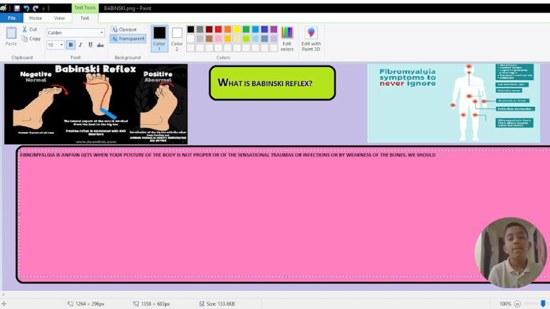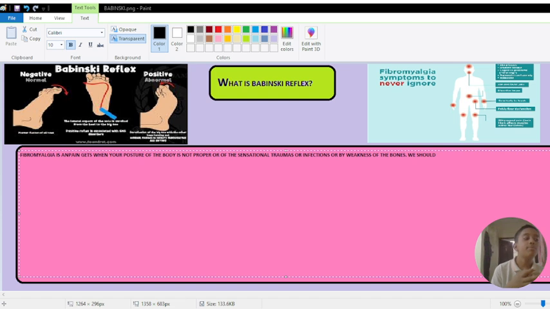Babinski reflex helps us find the status of our central nervous system, and it is good to get the Babinski reflex done by a neurosurgeon healthcare provider. First they will determine whether it is negative or positive. If the case is positive, they will do some analysis.